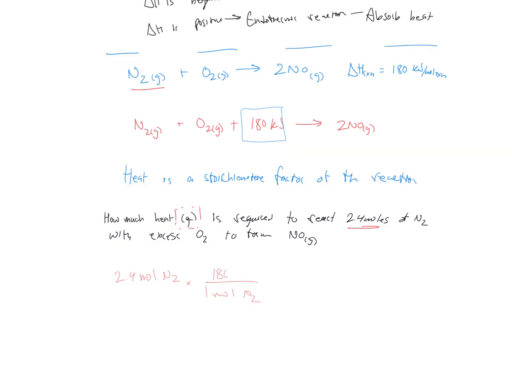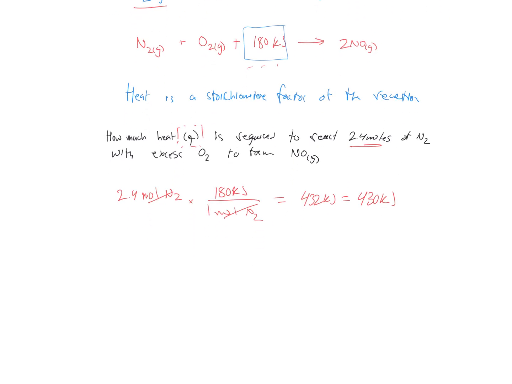So I can say I need 180 kilojoules of energy. And here our moles and our moles cancel out. We should have our answer in kilojoules, which is 432 kilojoules, or in the correct number of sig figs, 430 kilojoules. And so if we add the heat as a stoichiometric coefficient here, it can help us visualize some of these things.